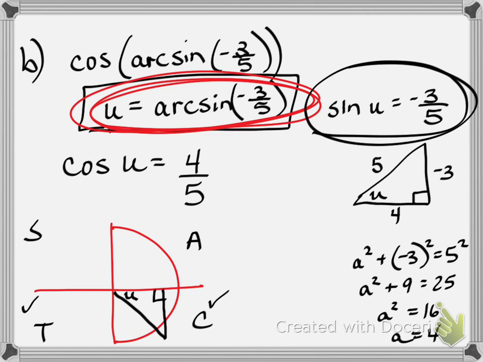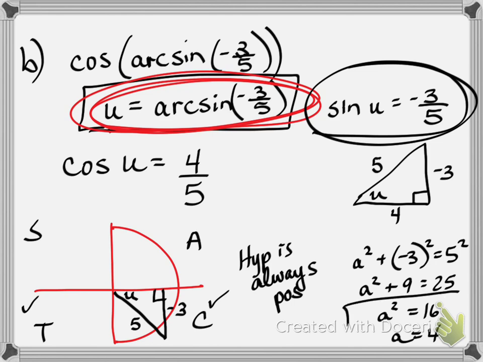So if the sine is negative 3/5, it's opposite over hypotenuse, and hypotenuse is always positive. So then when we get to this step right here and we're trying to decide, is it positive or negative 4, you look at this segment of the x-axis and you say, yes, that is a positive value. So that's why we choose that. Okay, that's it for this.